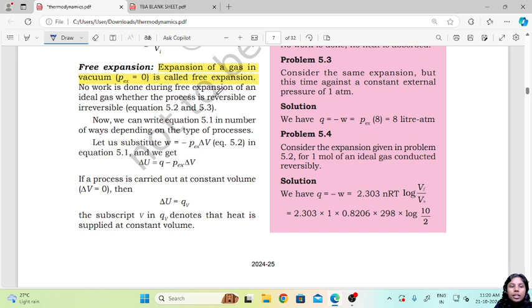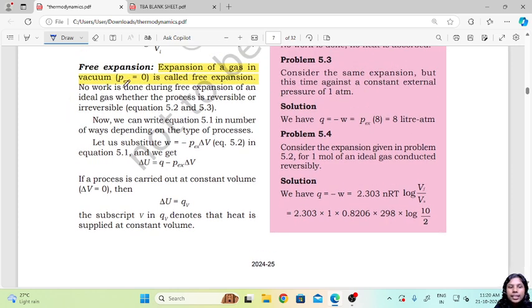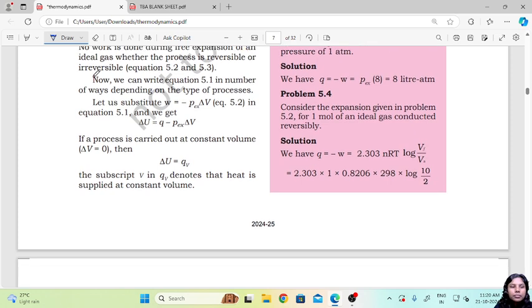Now they are saying that for free expansion there is no work done, doesn't matter if the process that is occurring is reversible or irreversible. In both of the scenarios no work will be done.